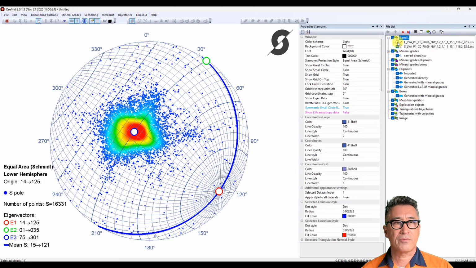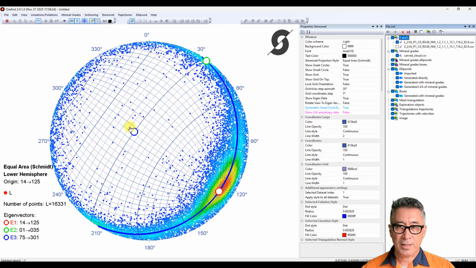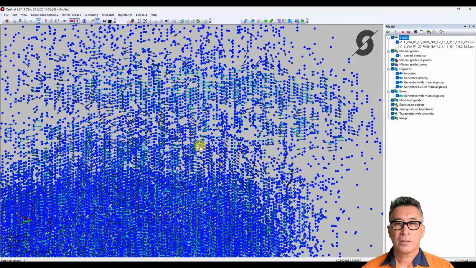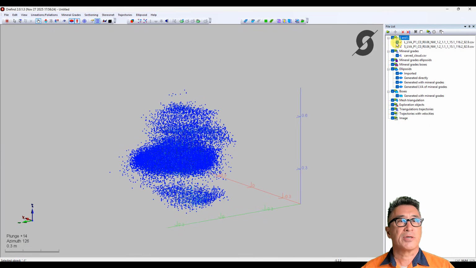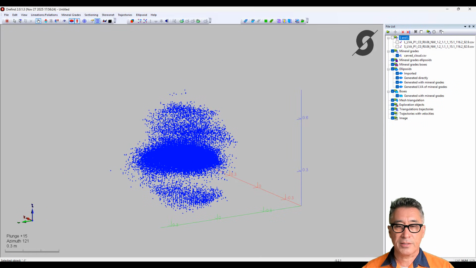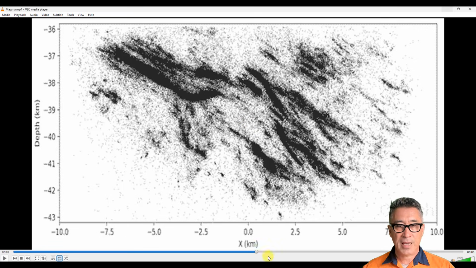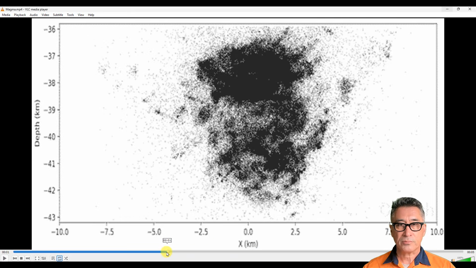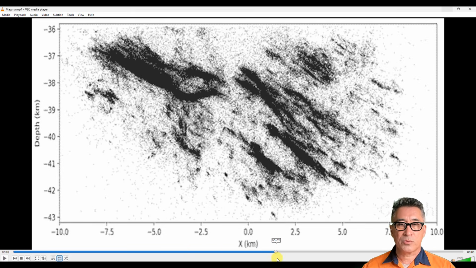But then you have, if you plot the linear component, then it plunges a consistent way, or it actually peaks along a certain direction. And that's in that direction there. So if you rotate it around, overall, that's the linear direction. So that's the geometry of this seismic swarm.